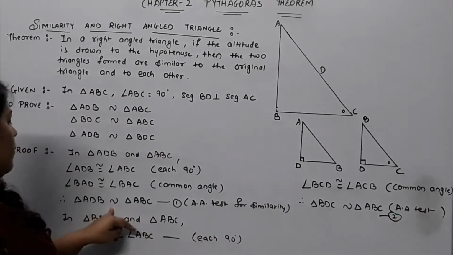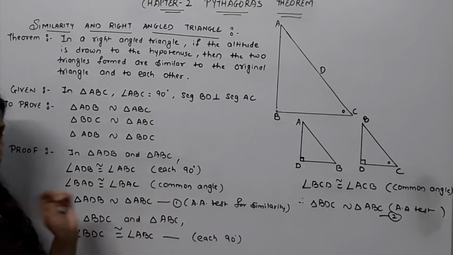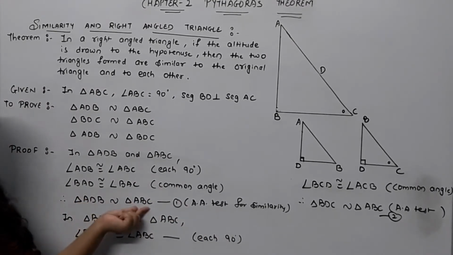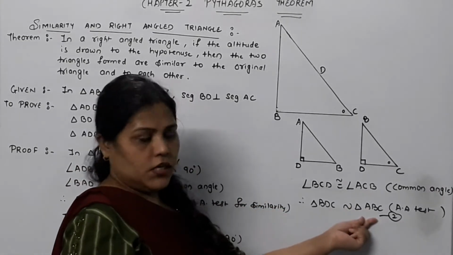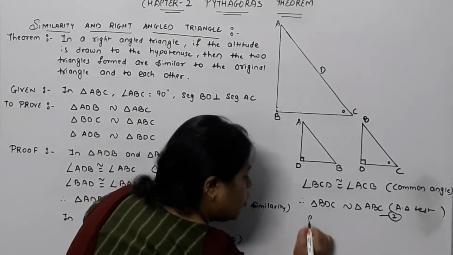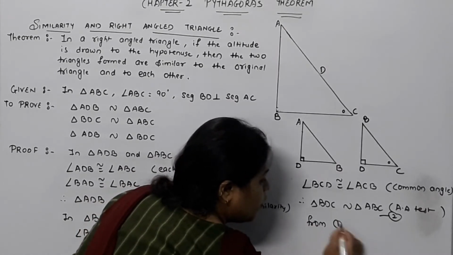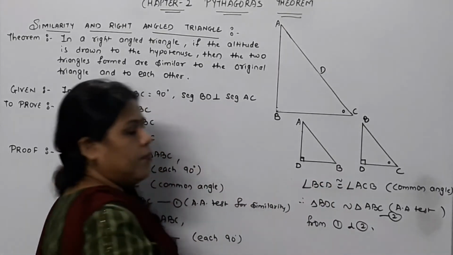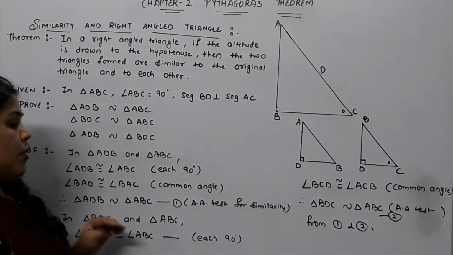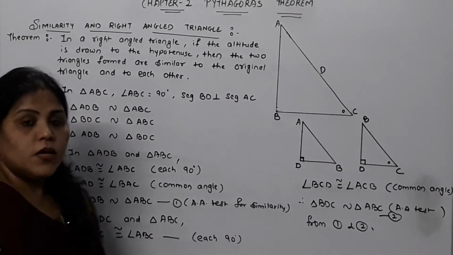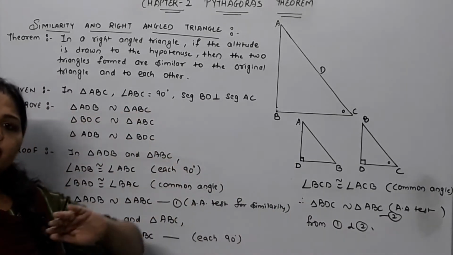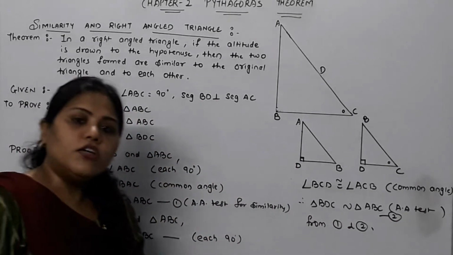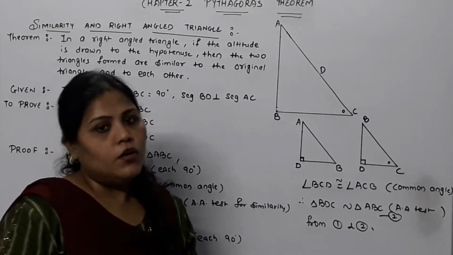Now here we can say that from equation 1 and 2, if ADB is similar to ABC and BDC is similar to ABC, from equation 1 and 2 what we can get? From 1 and 2, by the property of transitivity. What transitivity property says? If first triangle is similar to the second one and the second is similar to the third one, then the first triangle is similar to the third one.